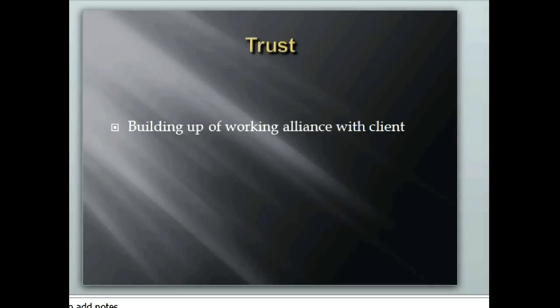First one, trust. This is very important as a beginning stage. It's talking about building up trust or working alliance with the presenting personality or alter, doing the script analysis, getting to know them, listening to their story, attuning, being with them.